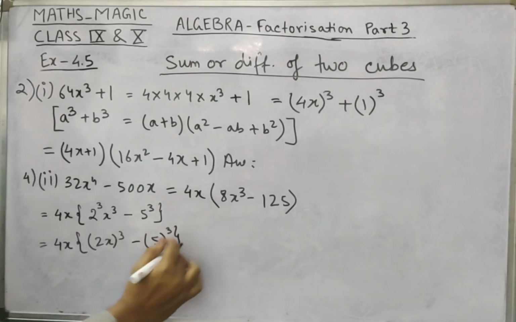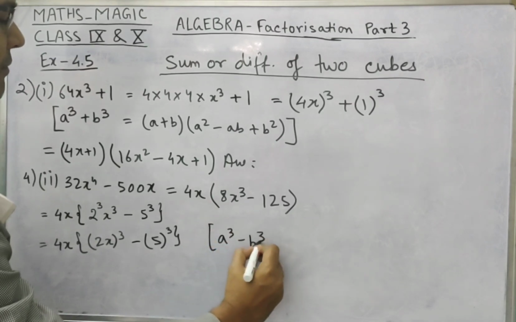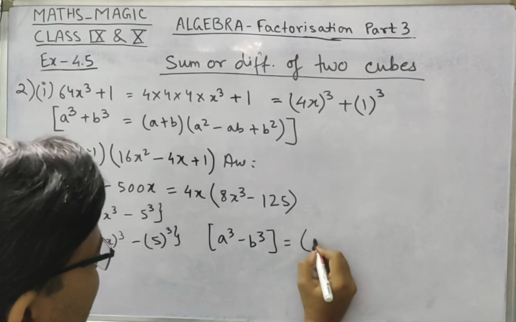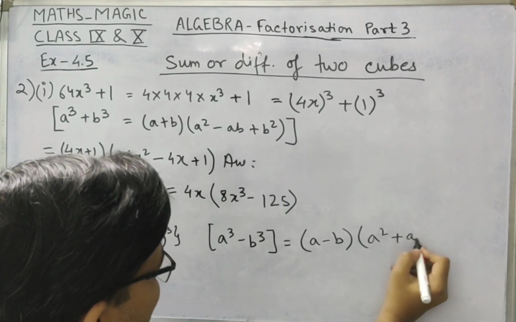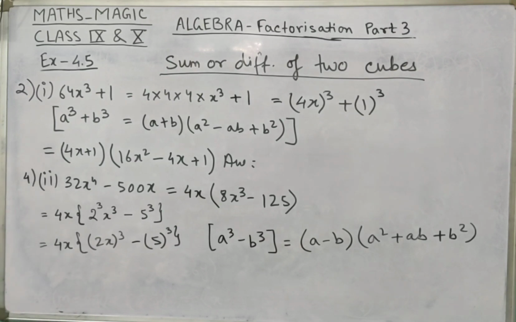Now what is the formula for this? A cube minus B cube. What do we get? A minus B, A square plus AB plus B square. Okay, so this is what we are going to implement here.